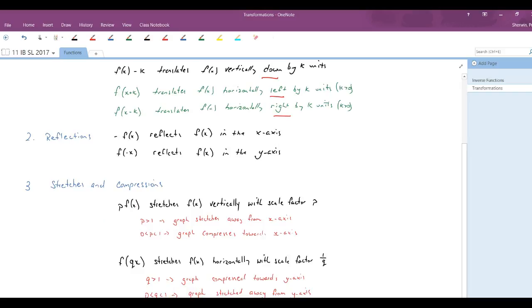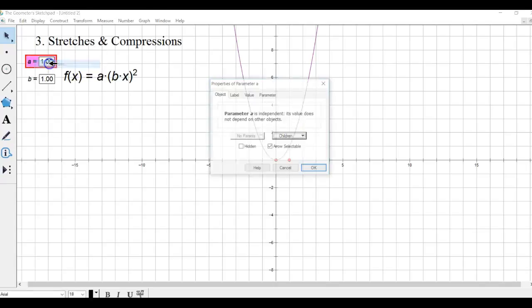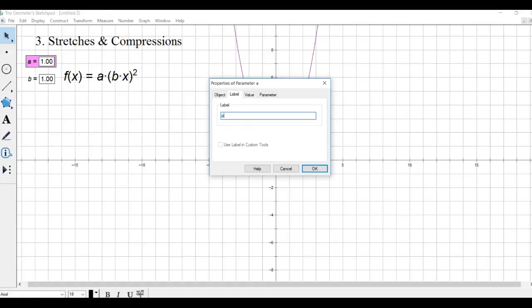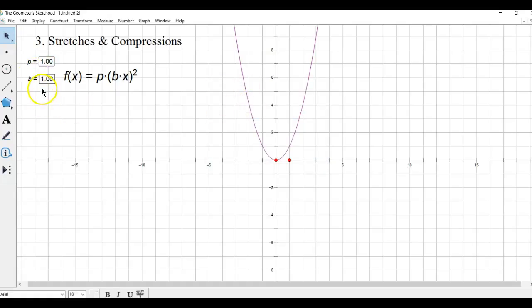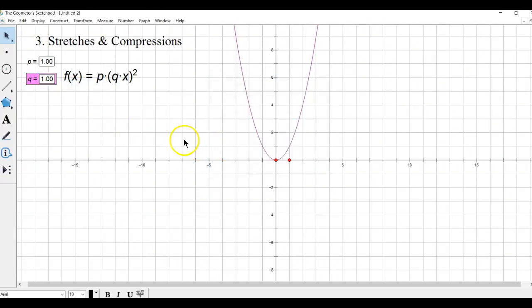It would make it easier if I gave that the label of P rather than a. That would be much more helpful. Now this value of b in my notes is Q, so let's call that Q, and then we know what's going on.